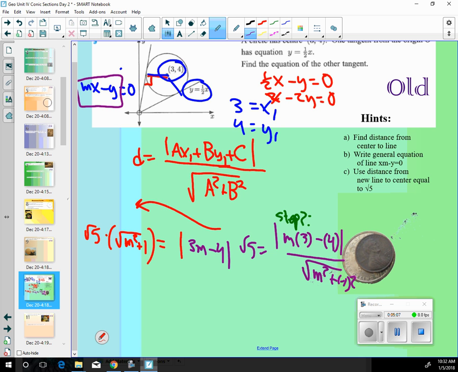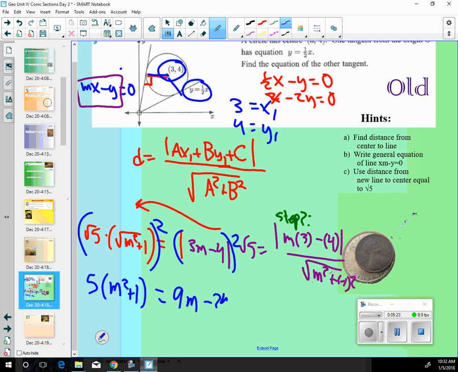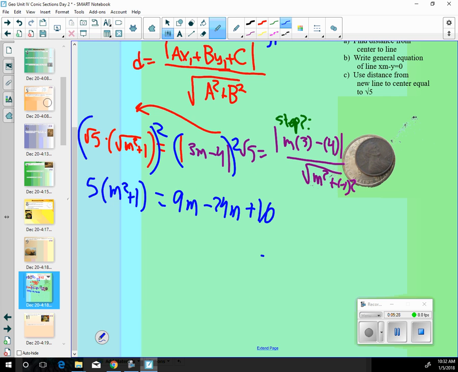So now I don't care that that was absolute value, because when I square it, it's still going to be positive. So this is going to be 5 times m squared plus 1 is equal to 9m squared minus 24m plus 16. And then we get 5m squared plus 5 equals 9m squared minus 24m plus 16.